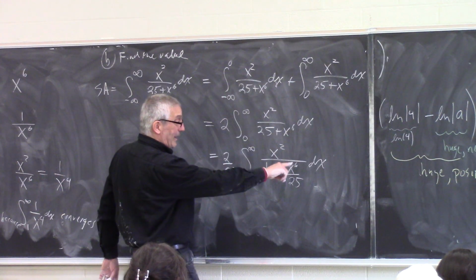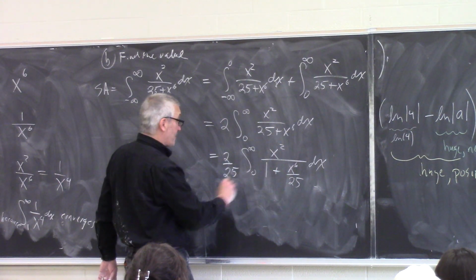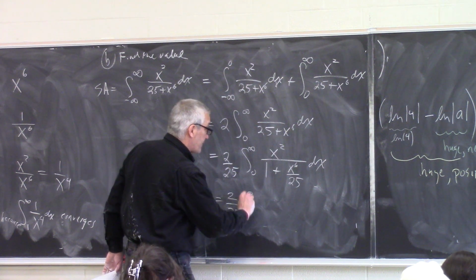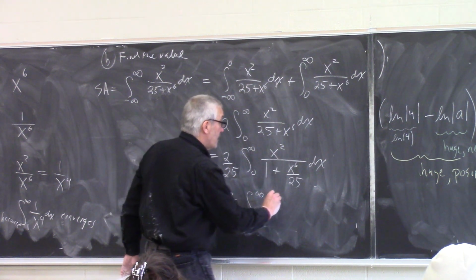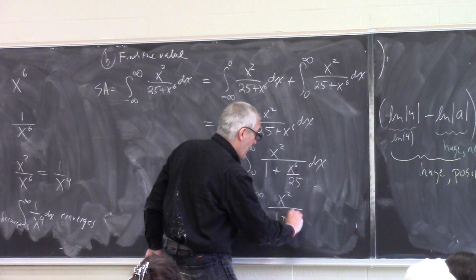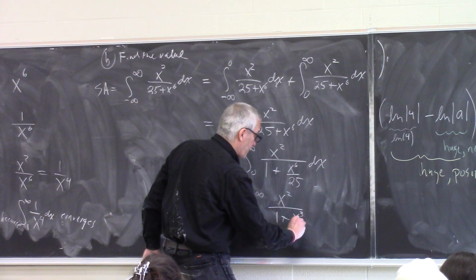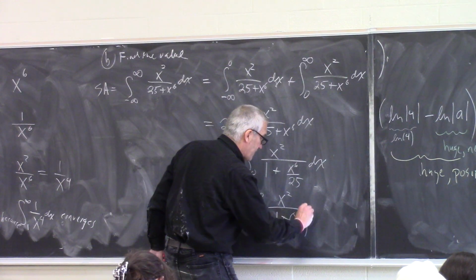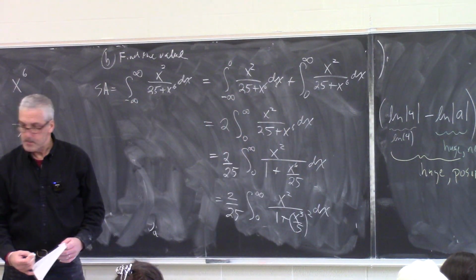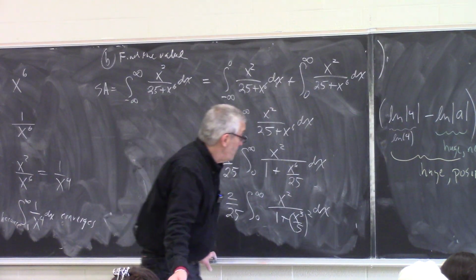Oh, but I can write this because that's a perfect square and that's a perfect square. So this is 2 over 25 times the integral from 0 to infinity of x squared over 1 plus x cubed over 5, that whole thing squared. All right, so let's do a u substitution.